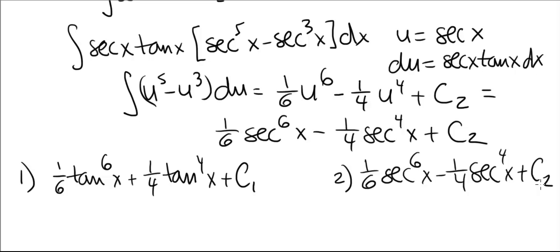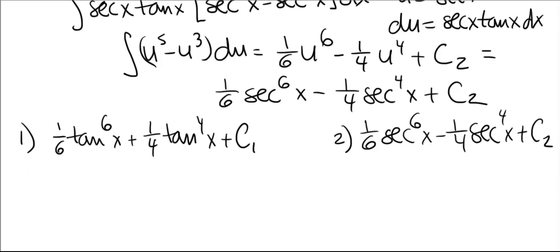So it looks like the two answers are different, which of course cannot be. Every integral has a unique solution up to a constant of integration. So something is either wrong or these two answers are the same. In fact, these two answers are precisely the same.